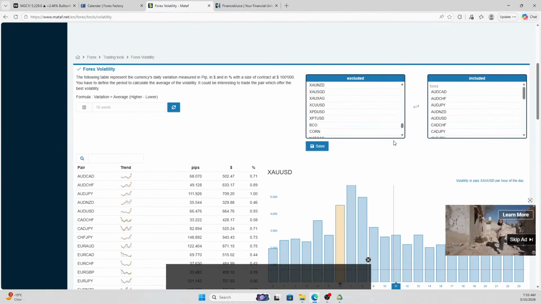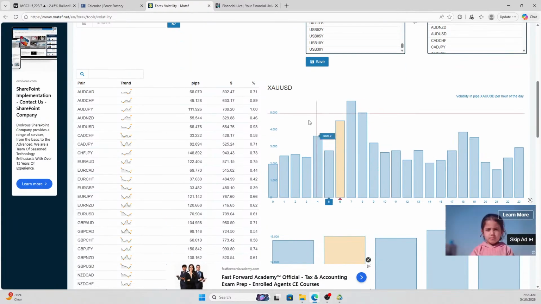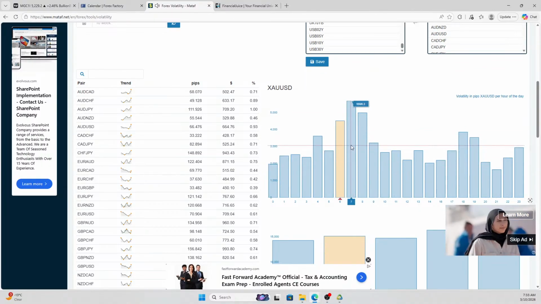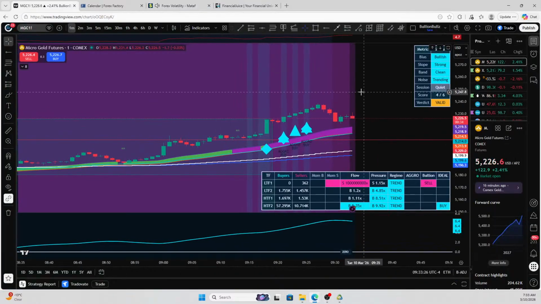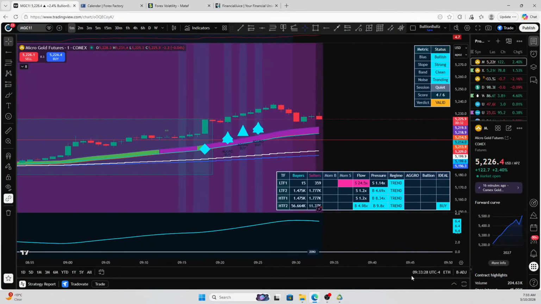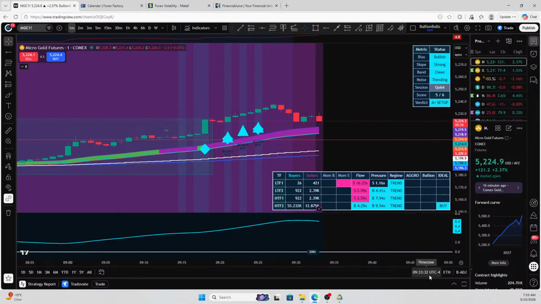From a volatility perspective, we can see that gold is most volatile at this hour, at 7 a.m. Today we are right now at, this would be on Eastern time, 9:30.